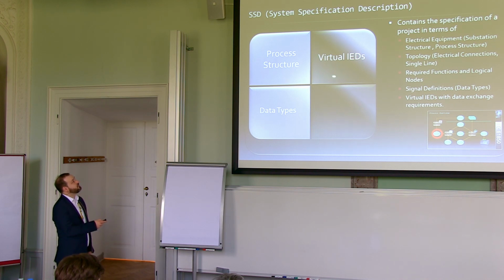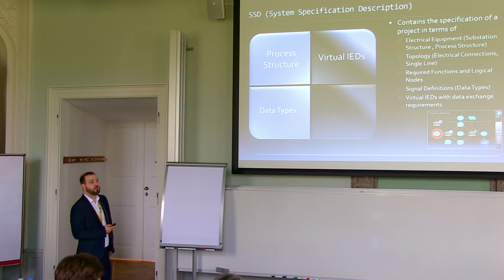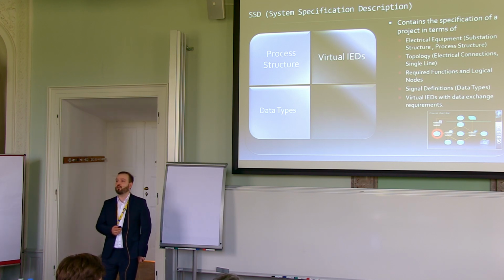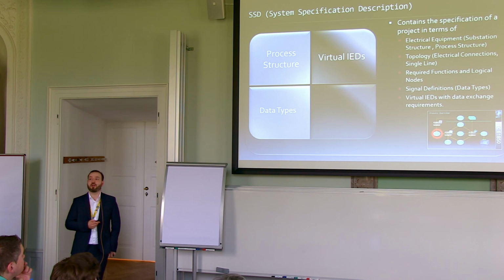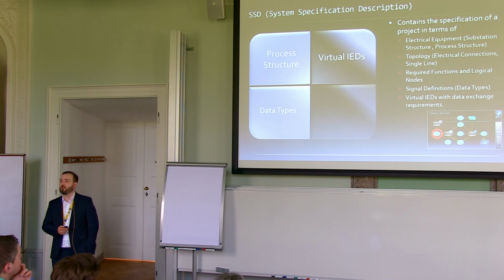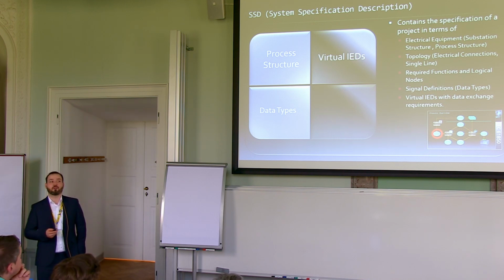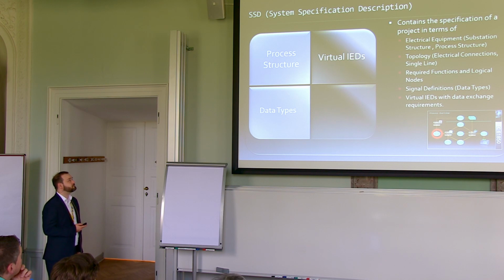The IED section is grayed out mostly, so you can place virtual IEDs there, but they differ from the real IEDs in the sense that there's not a manufacturer associated. They usually don't have a proper name or role, but rather they are placeholders of how many relays you are going to use in your substation and where you are going to put them to use.